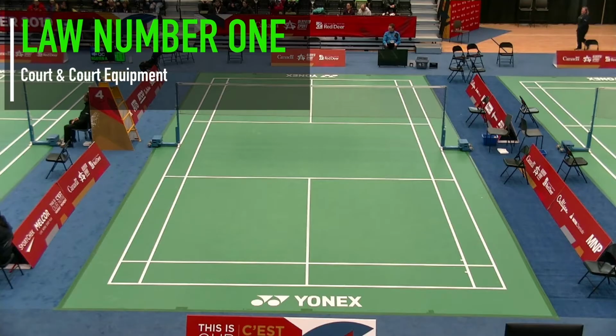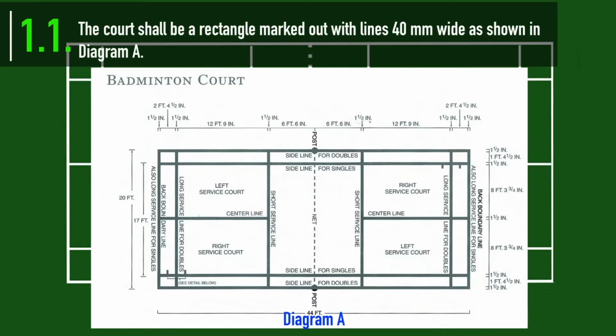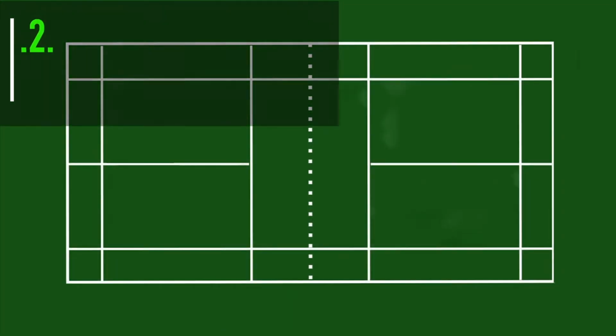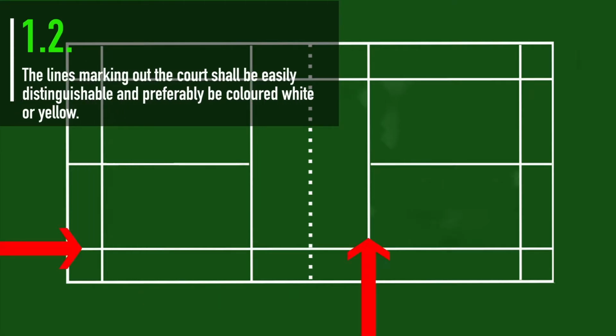Law number 1: Court and court equipment. The court shall be a rectangle marked out with lines 40 mm wide as shown in diagram A. The lines marking out the court shall be easily distinguishable and preferably be colored white or yellow.